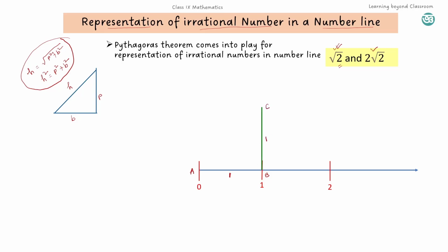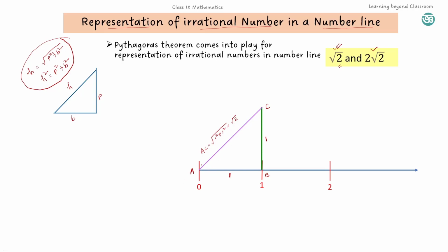Suppose this line is CB. Now if we join AC, then AC is the hypotenuse. So AC is equal to, according to Pythagoras theorem, base square plus perpendicular square is equal to root over 2. So AC is equal to root 2. So we get the length of root 2, which is equal to AC.